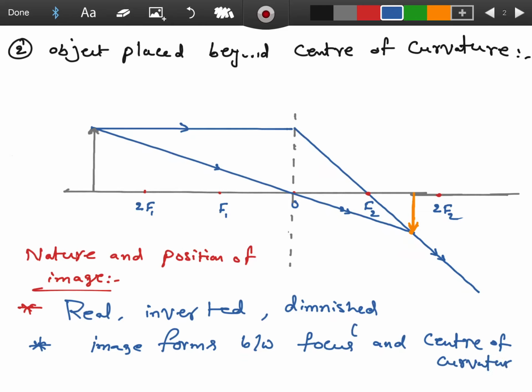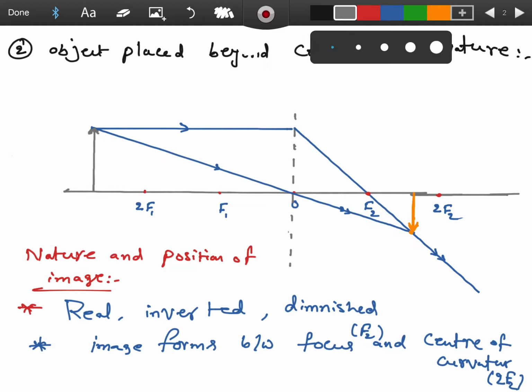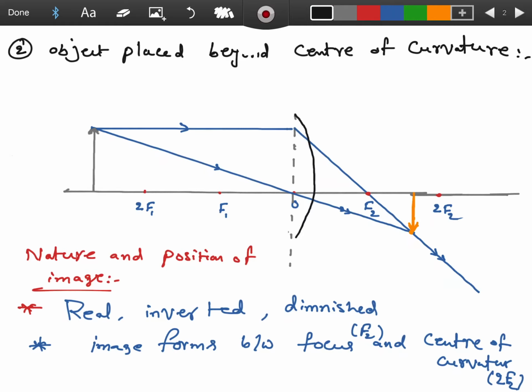You can also write it as f2 and 2f2 in this manner. And also complete the diagram, represent the lens here. I am going to represent the lens finally like this, convex lens. This is your ray diagram of the second position, object placed beyond center of curvature. Clear? Right, note it down in your notebook.